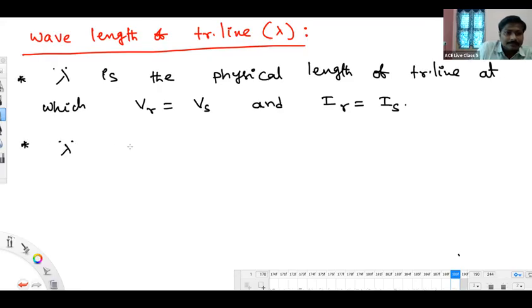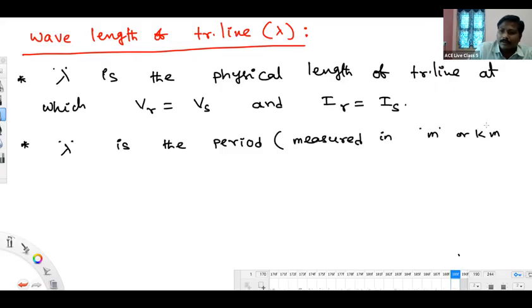So I will be showing that in the next statement. Wavelength is the period, in brackets measured in meters or kilometers, at which the wave repetition occurs.